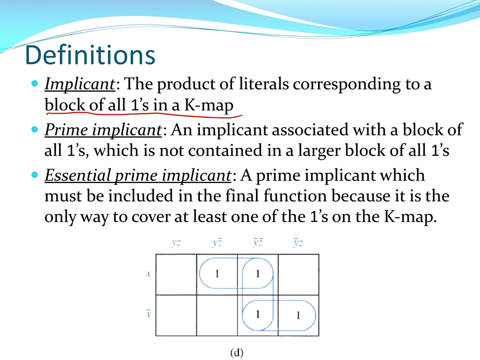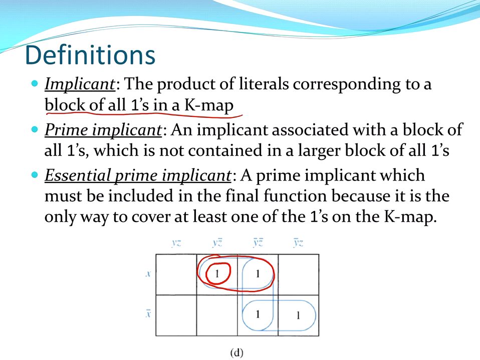So let's look at that last example again. If I had covered this one with a grouping of size 1, I would have an implicant, but not a prime implicant, because I can cover it with the larger grouping here.